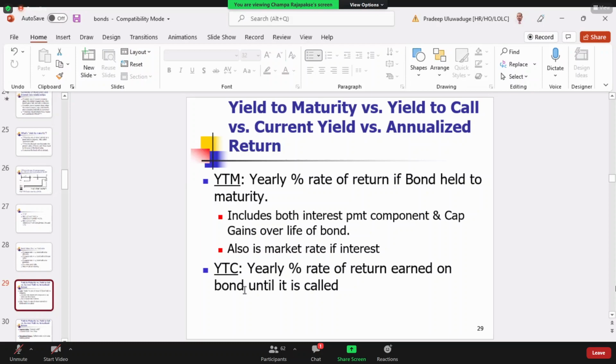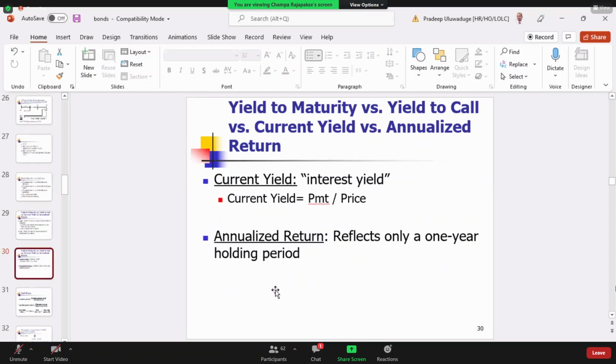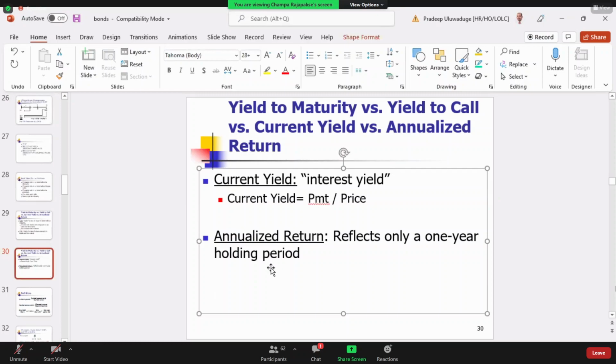It is also the market rate of interest, or the rate of interest that gives you the market price, right? Then in contrast, what is yield to call? Yield to call is the yearly rate of return earned on a bond until it is called. So if it is a callable bond, the yearly rate of return earned until it is called is the yield to call, right?